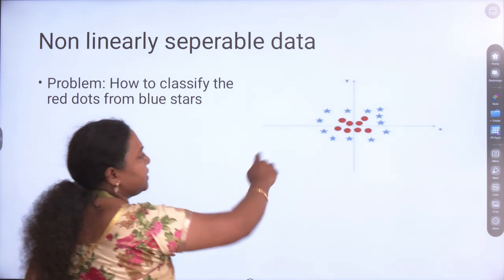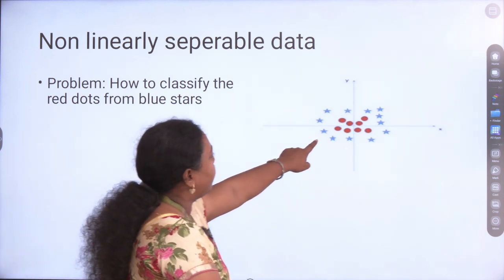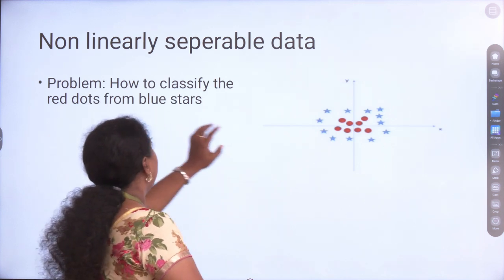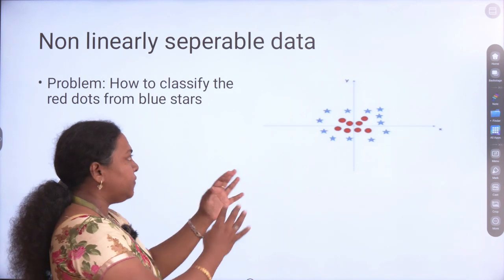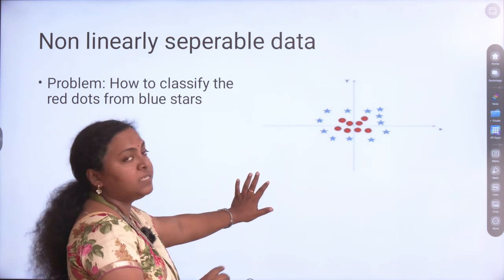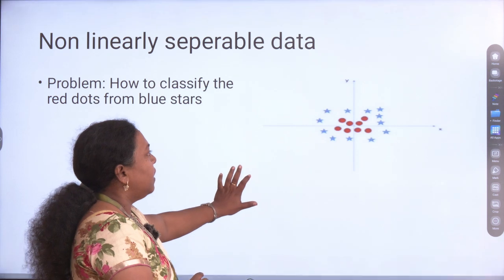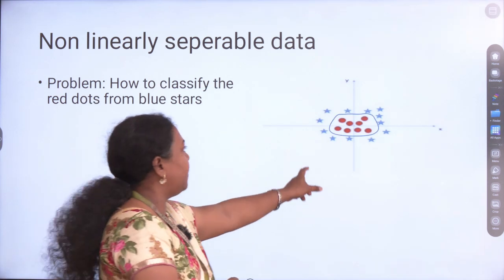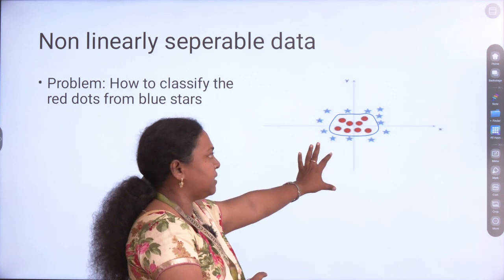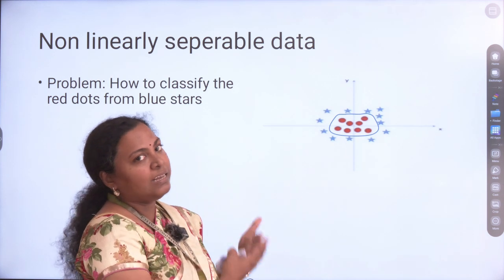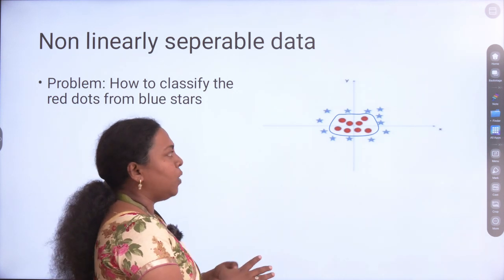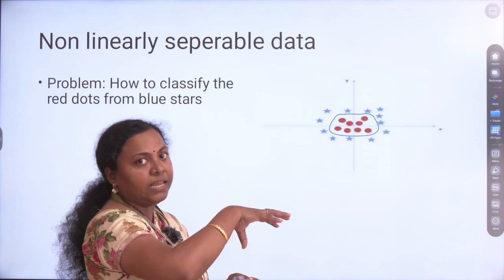Here in this figure you have red dots as well as blue squares, and the problem is to classify the red dots and blue squares. But this is an irregular figure where you would have to draw an oval or a circle to differentiate them, which means the data is not linearly separable.